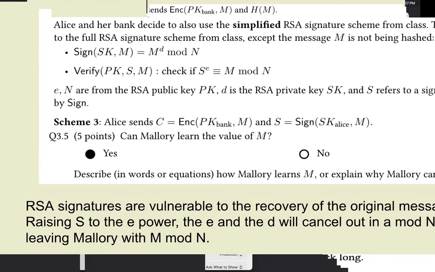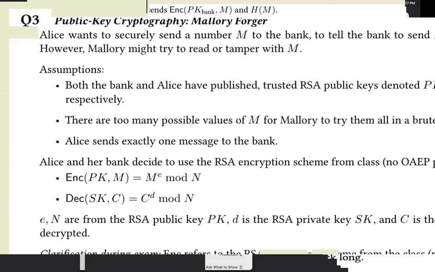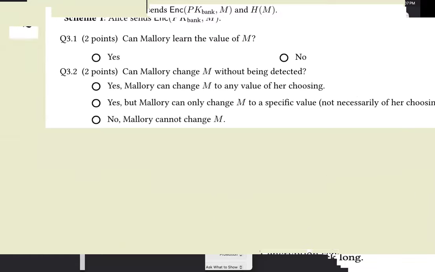What does it mean that e and d will cancel out? So we know that e and d are inverses of each other in mod space, right?